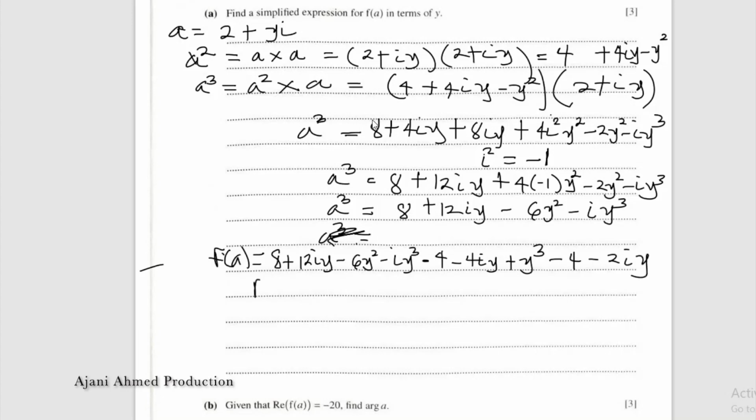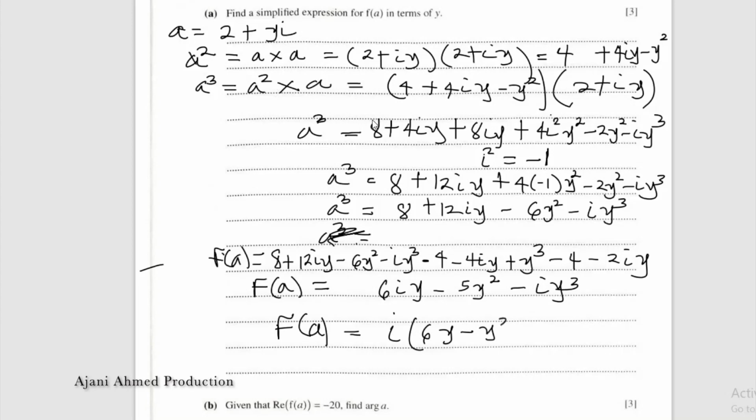By the time you simplify and evaluate, at the end of the day, we have 6iy minus 5y square minus iy cube. So hence, your final answer must also be in the form of a complex number, which is i into bracket 6y minus y cube, minus 5y square. That's it.